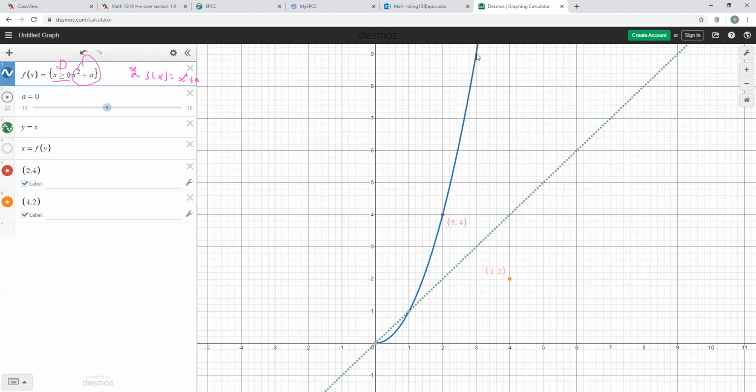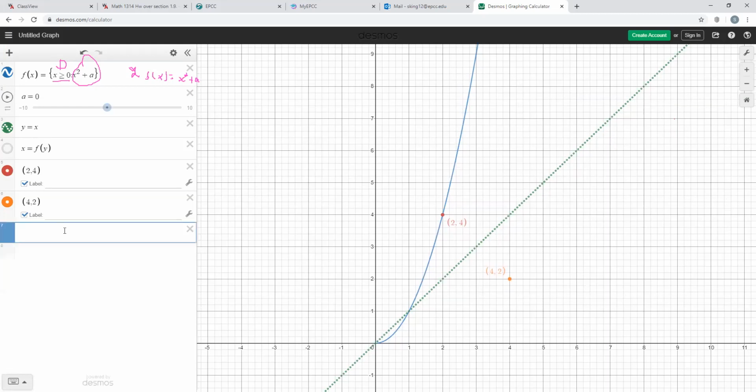If I were to find it here, there's 3, 9. And so this point will, in the inverse function, have a partner point over here, and it'll be 9, 3, which is right here.